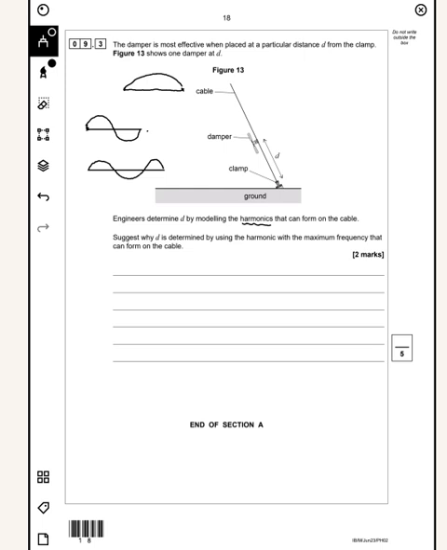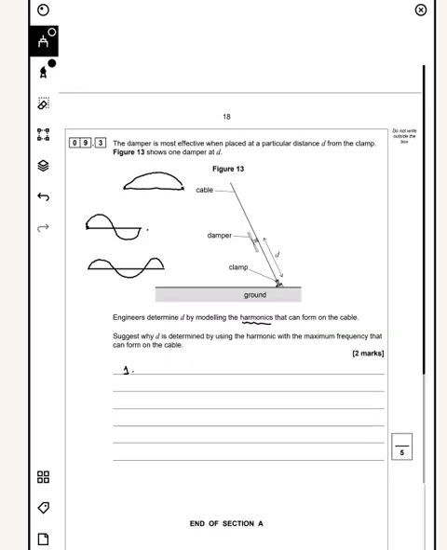Now, they're asking why d is determined by using the harmonic with the maximum frequency that can form on the cable. We don't know the maximum frequency that can form, but we know that there is a maximum. Why do we have to use the maximum frequency? The one thing you have to write initially is that whichever harmonic we use, first, second, or third, we are going to place the damper at the position of maximum amplitude.